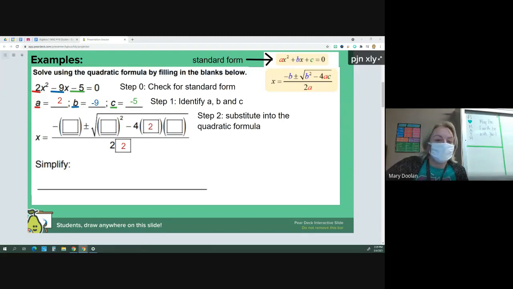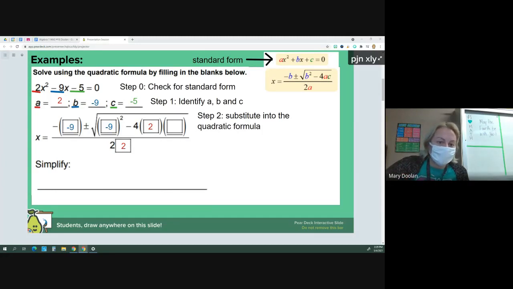And then we're going to substitute what b is equal to. b shows up in 2 places as well. It's the first number here in this first box, -9. And it is also being squared in the discriminant, -9.